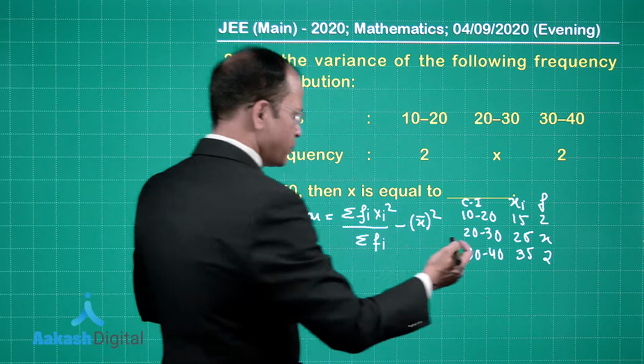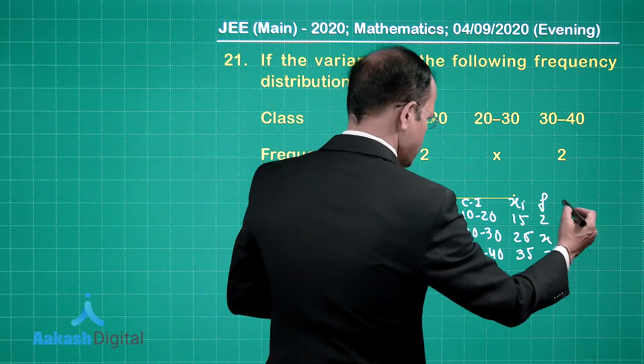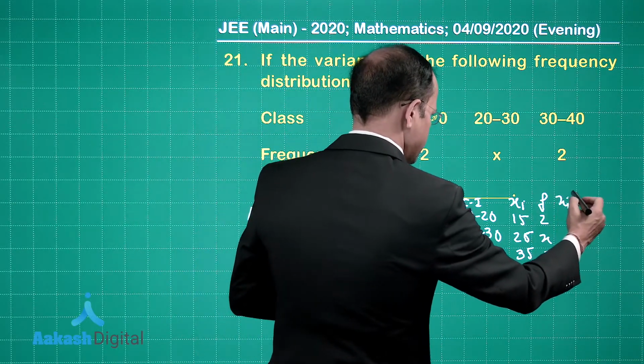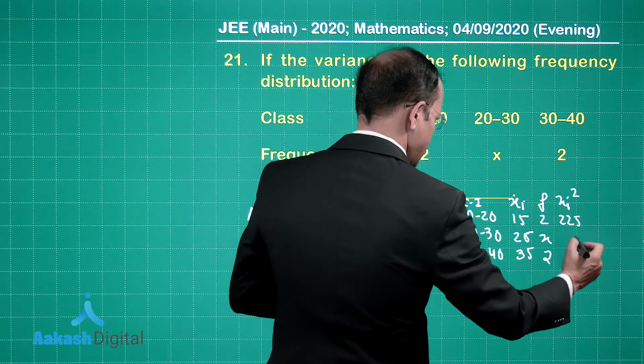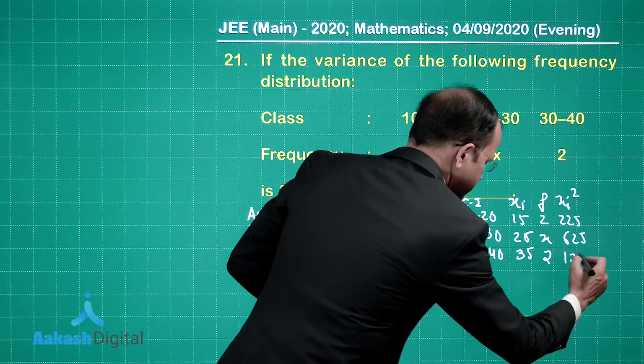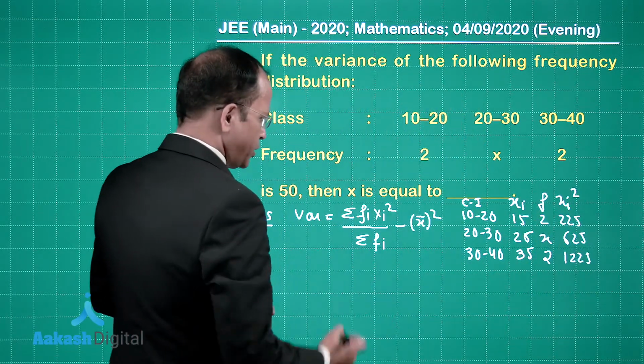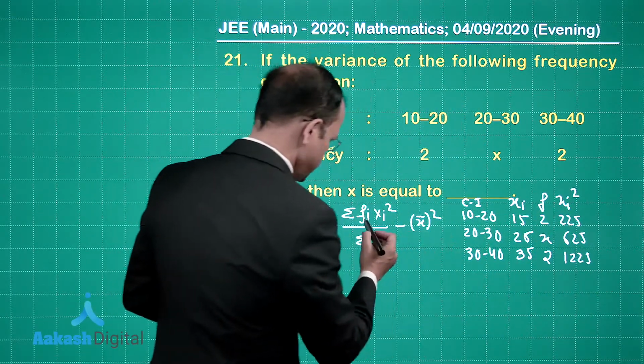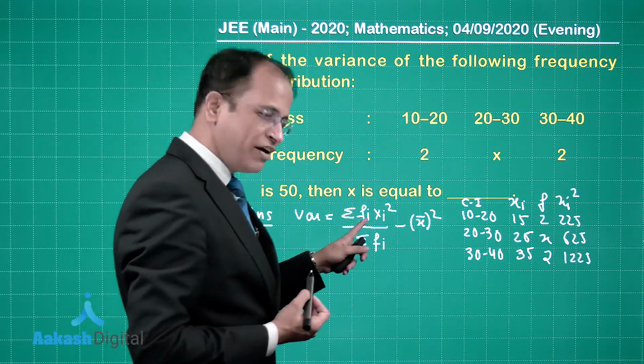And we need xi square also. So if I talk about xi square, we have 225, and then we have 625, and 1225, got it? Now what is needed? Yes, we are in a need of fi xi square.